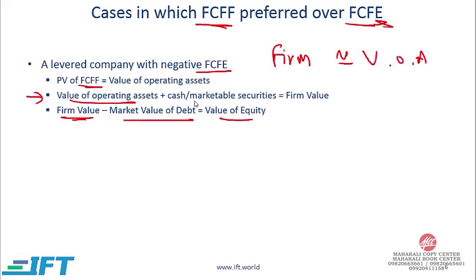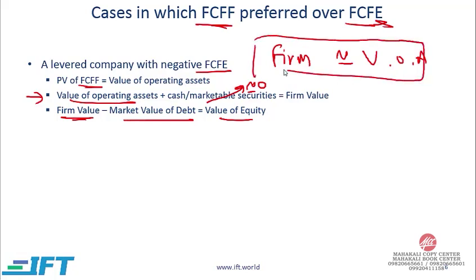And this happens if the extra cash and marketable securities is approximately zero, or if this is very little compared to the value of the operating assets, then this holds true. Now, in case you are slightly puzzled by this, just hold your thought. In section 5, I'll cover this in detail. The simplistic point is that you use FCFF to come up with the overall value of the firm. You subtract the market value of debt, and then you get the value of equity.